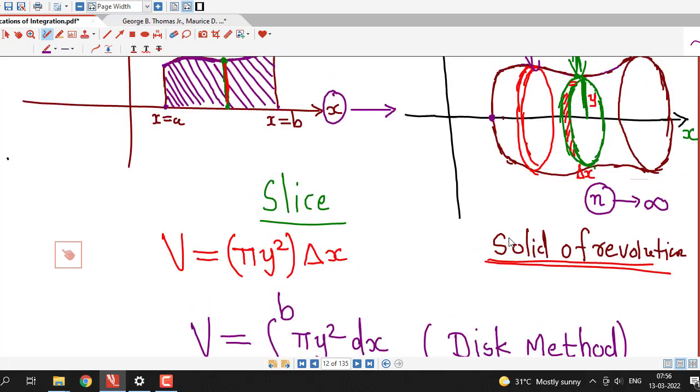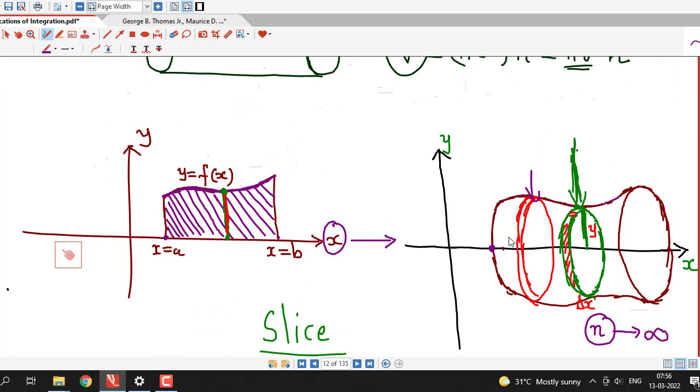So again I repeat, suppose we generate a solid of revolution by rotating this plane region around the x-axis. So we will obtain this type of solid of revolution. Now to obtain the volume of this solid of revolution, we consider a cross section perpendicular to the axis of rotation.